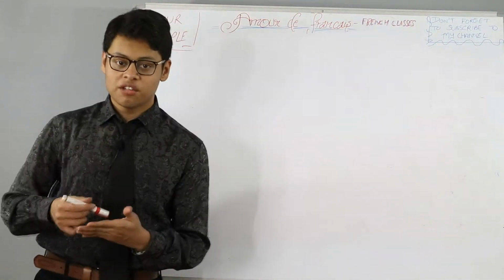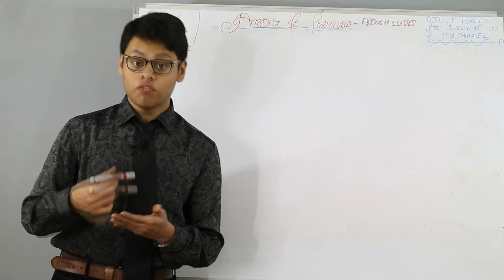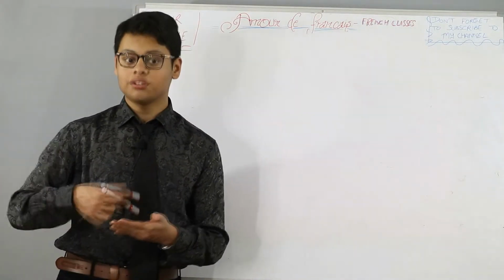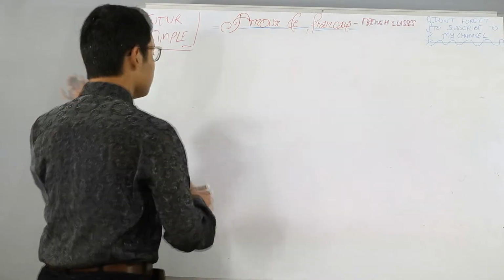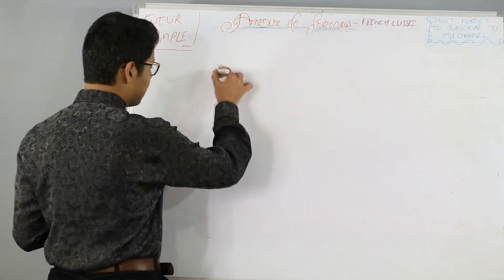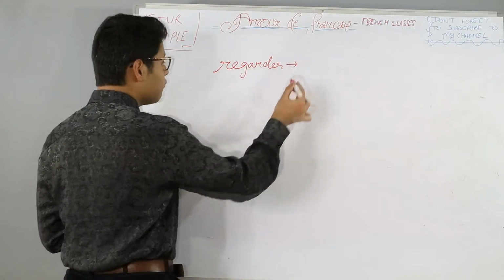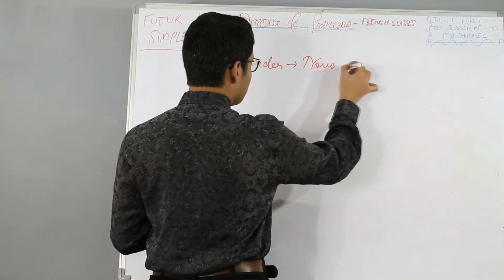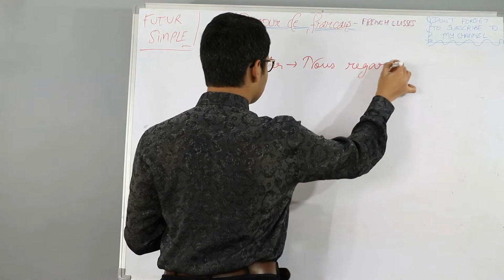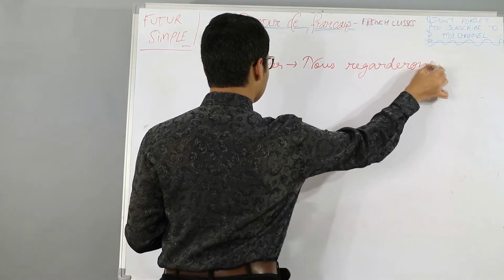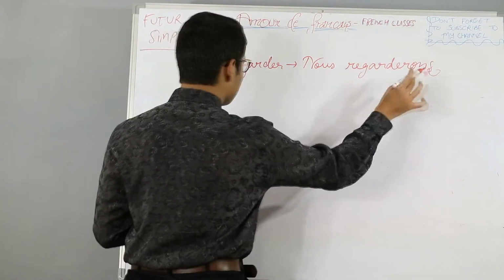Now let's have a quick recap of all the forms of the verbs we have discussed so far used as stem of future simple. First an ER ending verb, say regarder. Let's form with nous: nous regarderons.